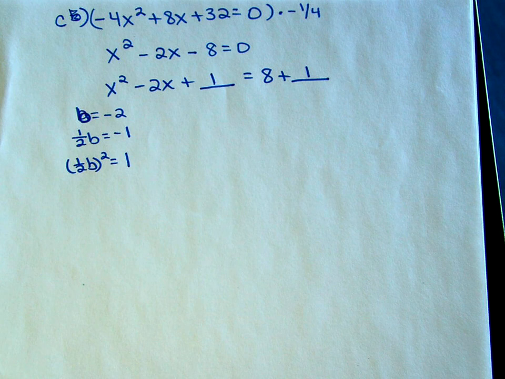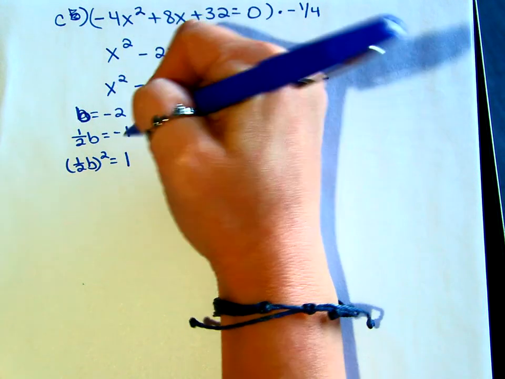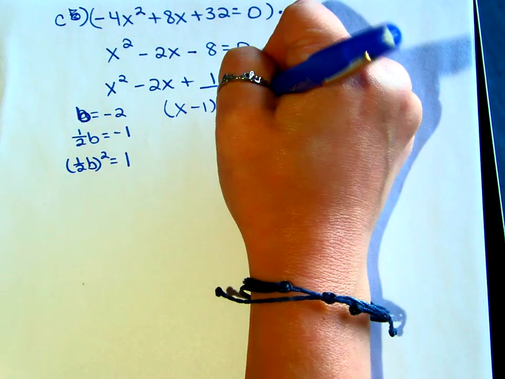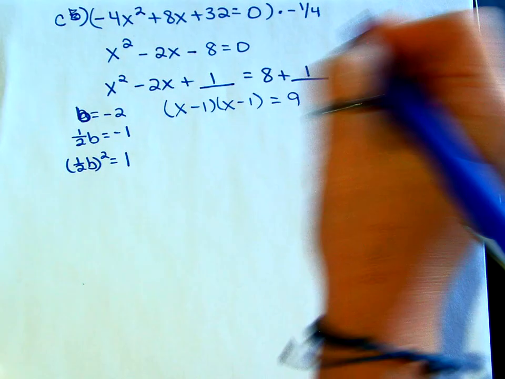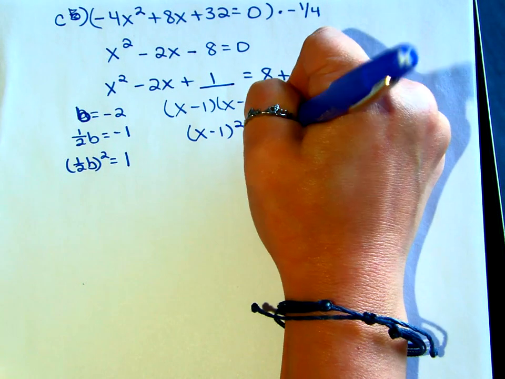And then when I factor the left-hand side, it's x plus my 1/2 b, so it would be x minus 1 times x minus 1 equals 9. So I get x minus 1 quantity squared equals 9.